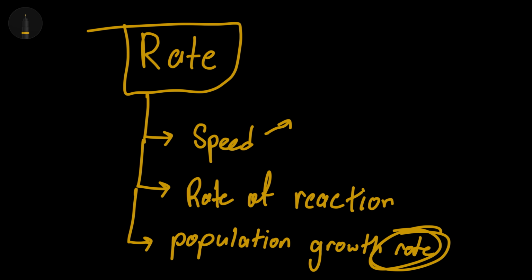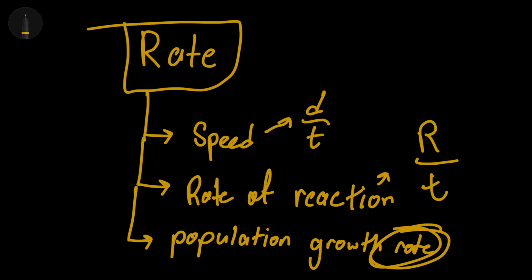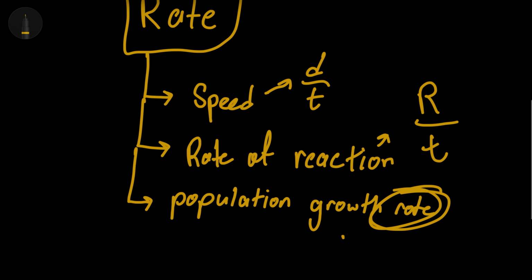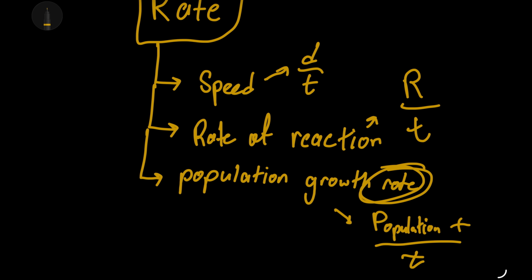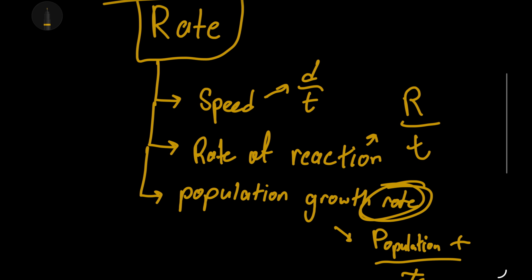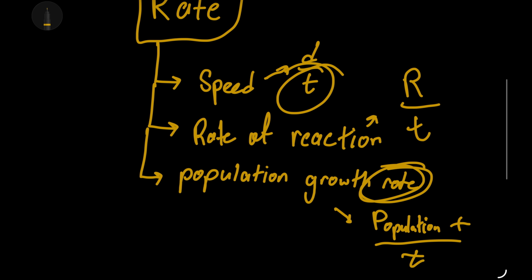Speed is distance over time. Rate of reaction is reactions over time. And population growth rate is population added divided by time. So as you can see, what they all have in common is that they're being divided by time. That's what a rate is.